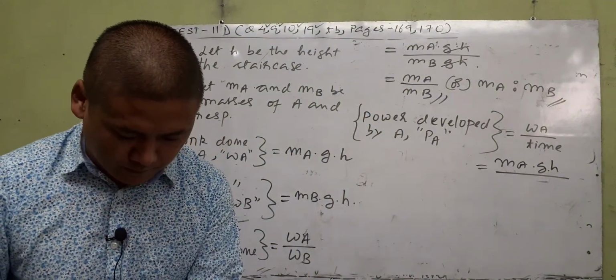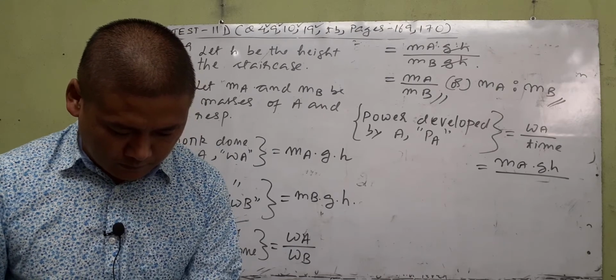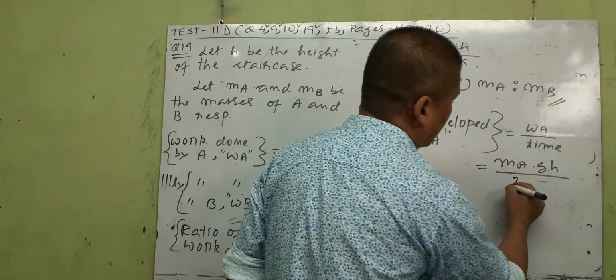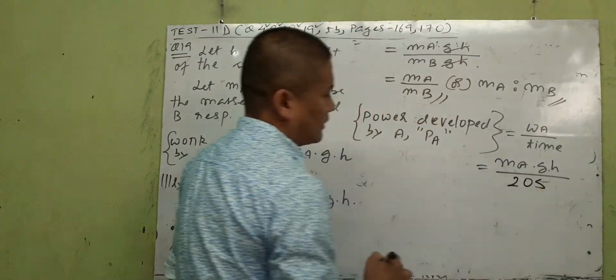Go to the question. It takes 20 seconds for A. So time for A is 20 seconds. So let's just keep it like that.